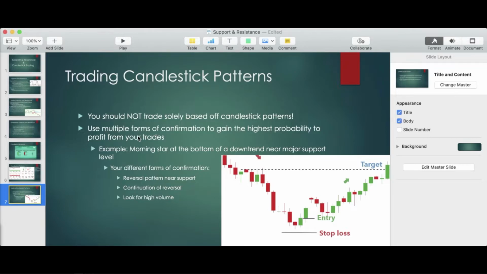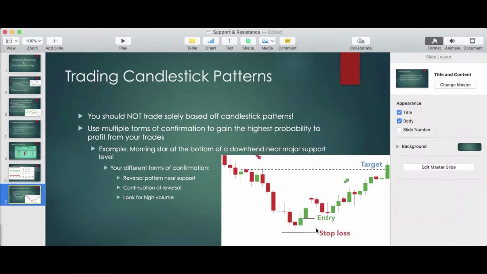So with an example, right here you have a downtrend. At the bottom of this downtrend, you have a morning star established. A morning star is just a bearish candle, followed by a doji, followed by a bullish candle. So at the bottom of a downtrend is a morning star. That is my first level of confirmation. Say this was a support line drawn right down here.